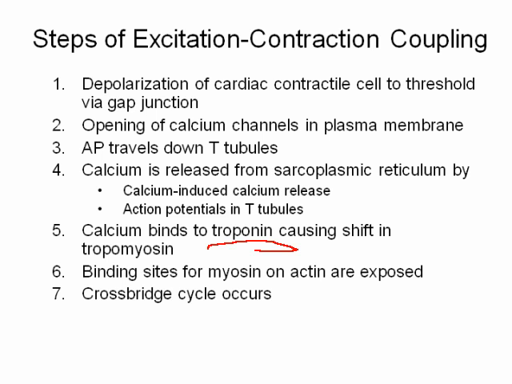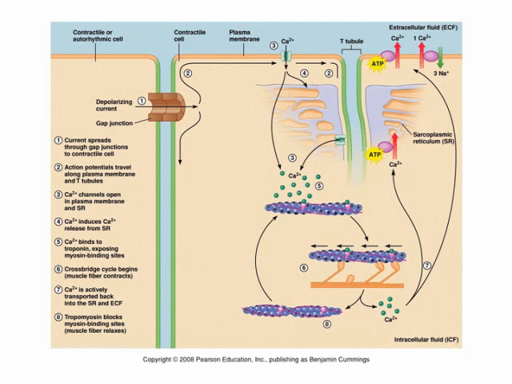The calcium is going to bind to troponin, causing a shift in the tropomyosin, just as we saw in skeletal muscle, exposing binding sites for myosin on the actin, and then allowing the cross-bridge cycle to occur. So these steps in excitation-contraction coupling in cardiac muscle are pretty much the same as we saw in the skeletal muscle.